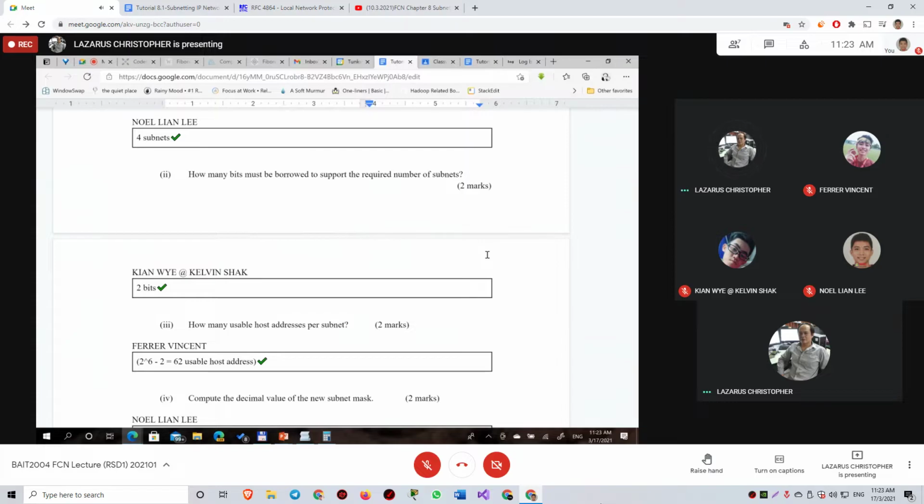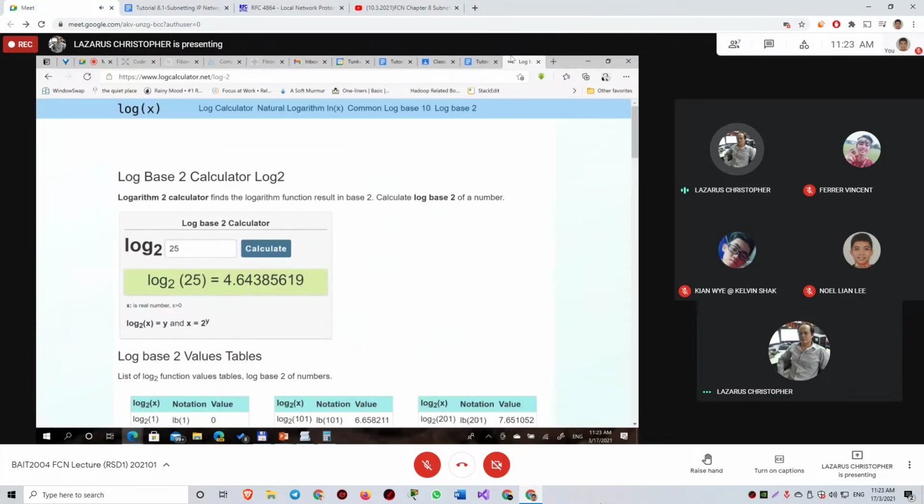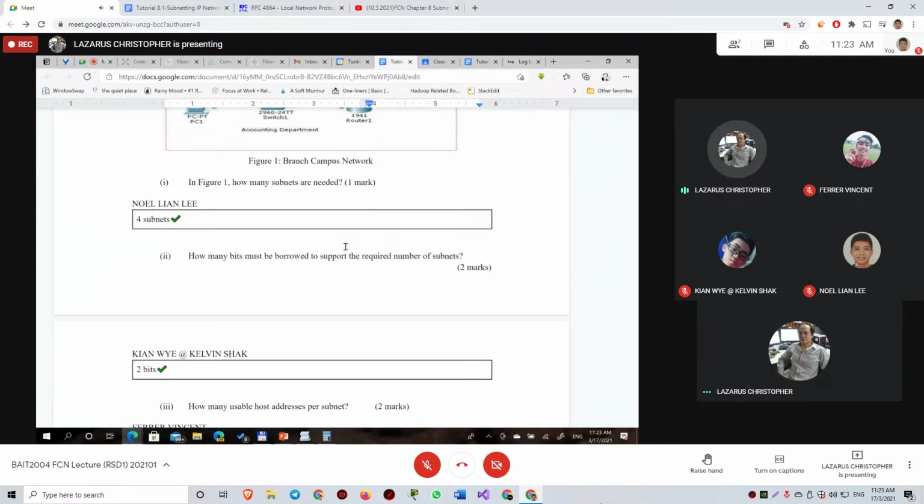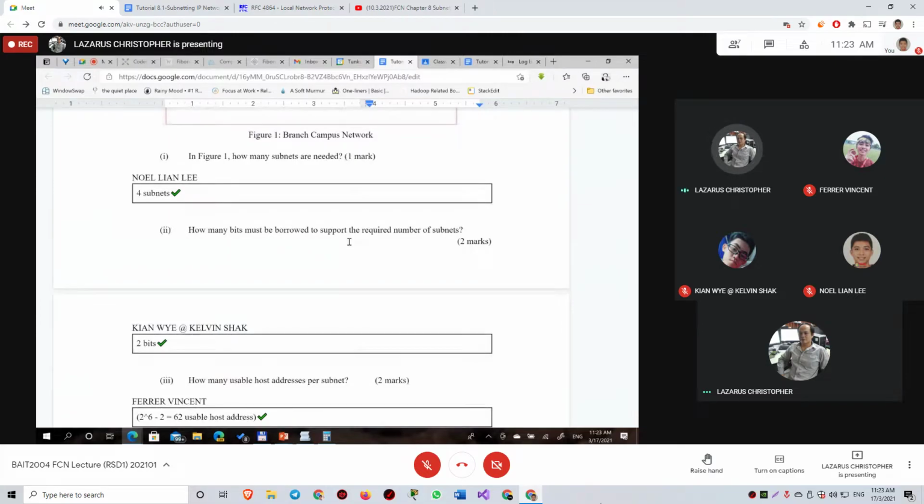All right, you can still plug it in here, no worries. So you put 2, it gives you 2. Oh, sorry, I made a mistake. 4 bits, how many bits to support the required?